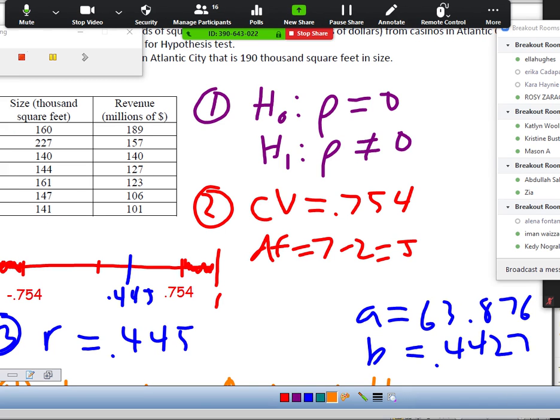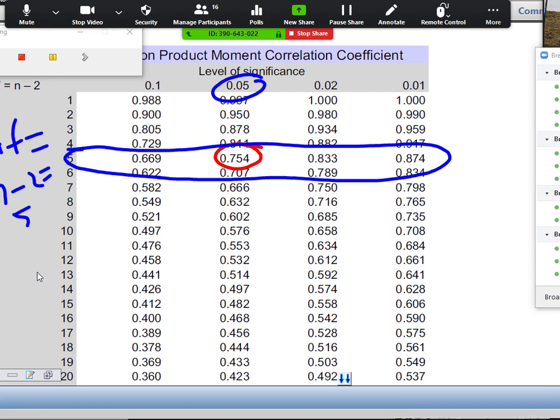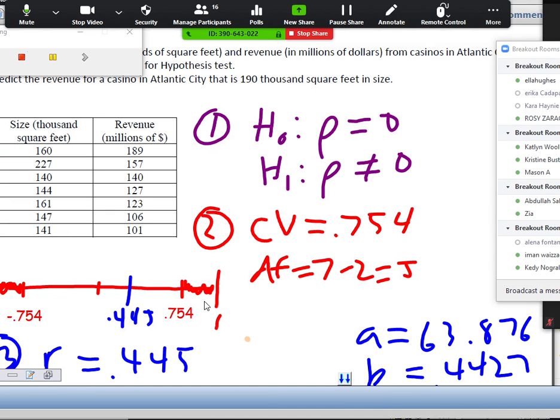Alpha is 0.05, I guess, in this case again. So your critical value is 0.754. I'm going to draw a little line here, shade positive 0.754 and negative 0.754, and shade to the outside.